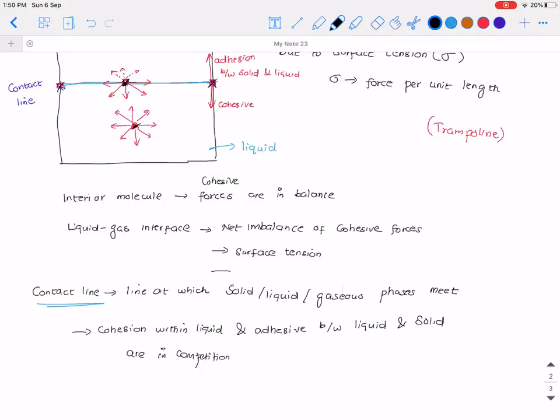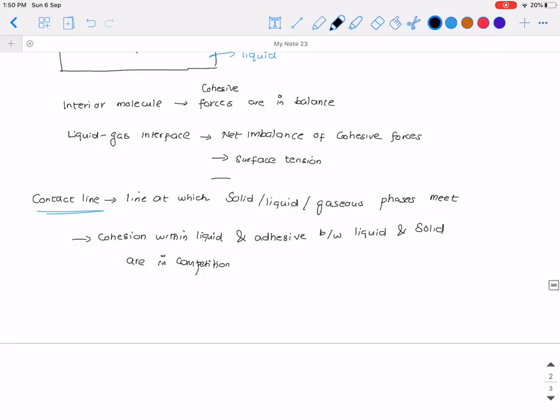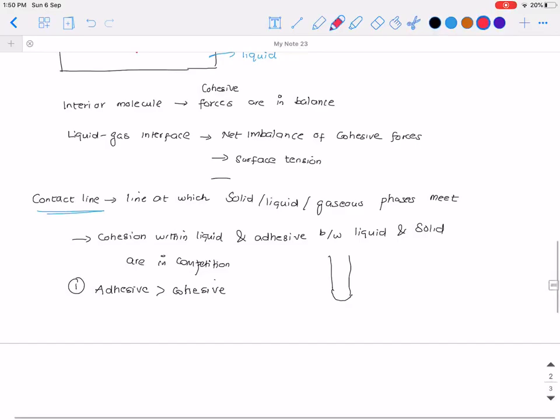Okay, so when adhesive forces are larger than cohesive forces, what would happen? Any idea? If you take a small tube and then you fill this with the liquid, if adhesive forces are larger than cohesive forces, we will get a concave meniscus.